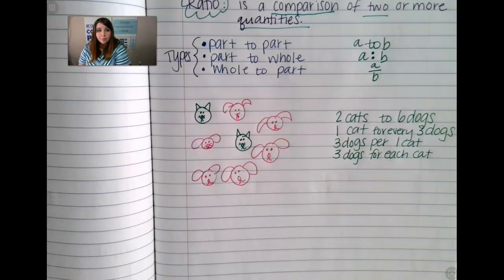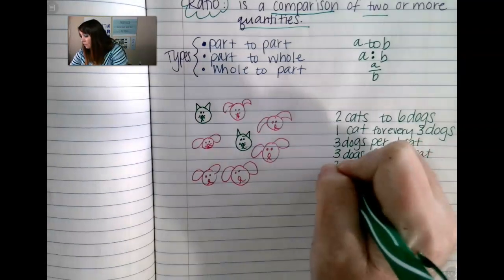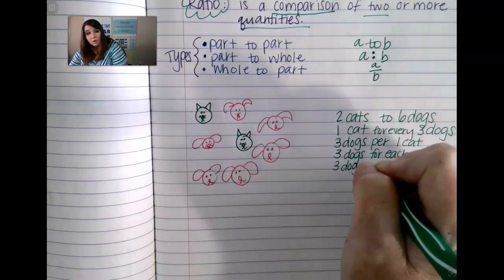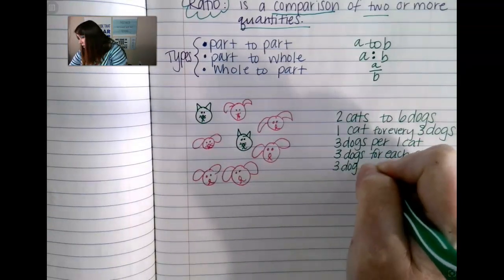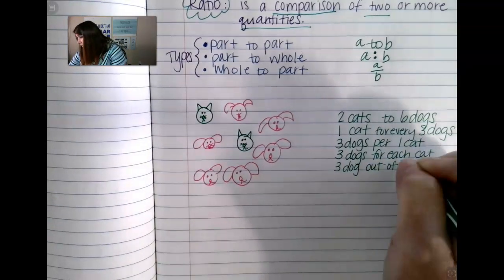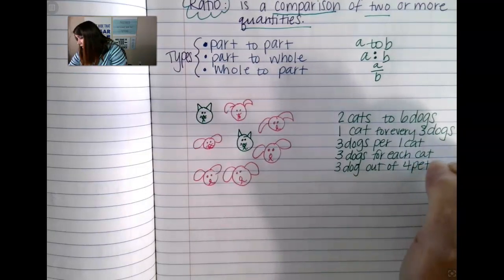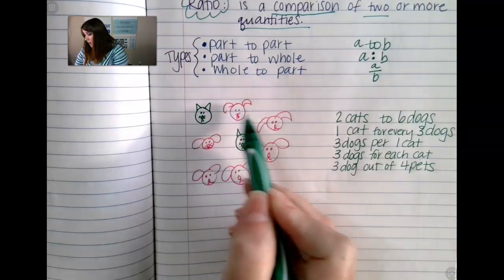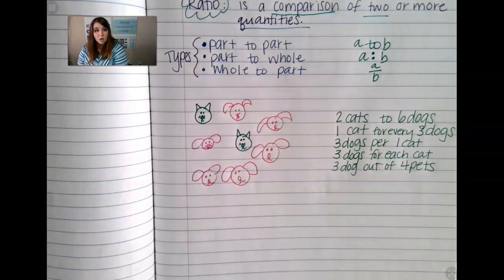There are 3 dogs out of every 4 pets. Ooh, I could compare it to a total. These are all pets, right? So I have 3 dogs out of 4 pets. If I put these 4 pets in a pile here, 3 of them are dogs.